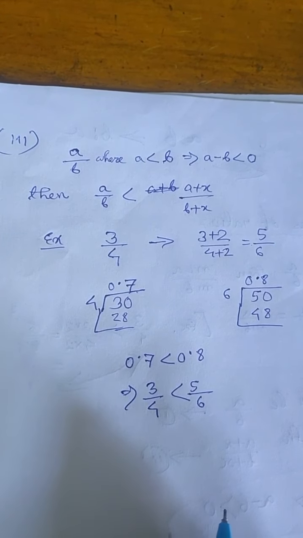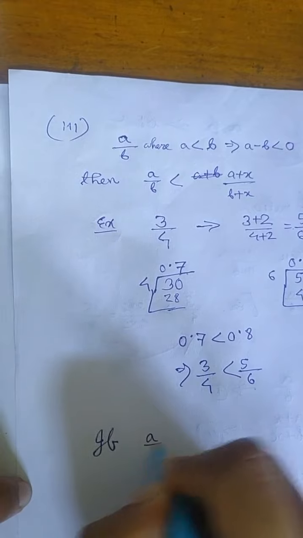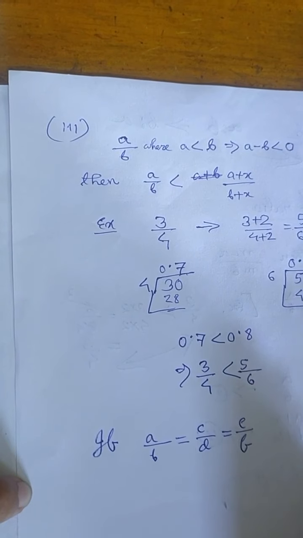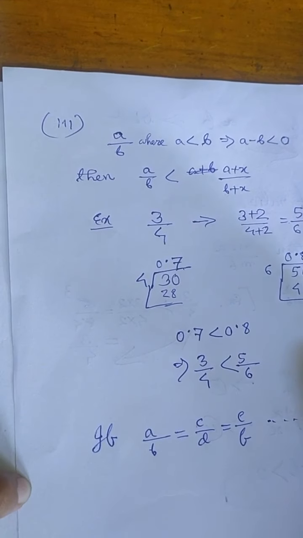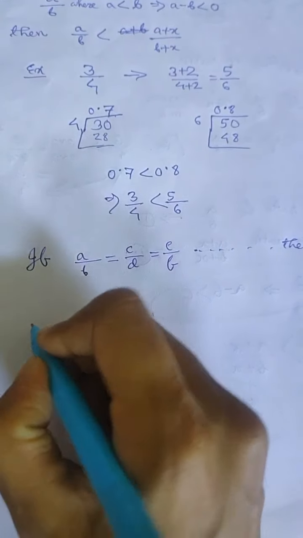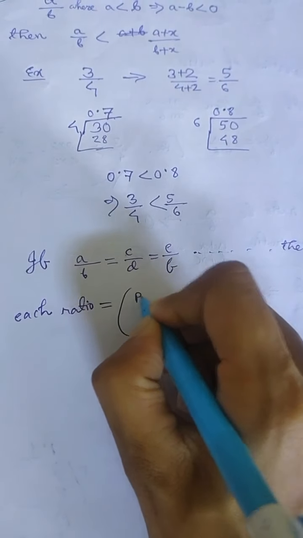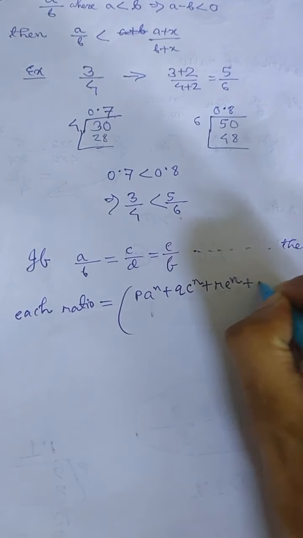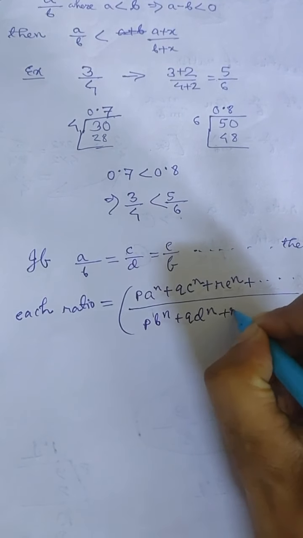Then the last property says, if a by b equals c by d equals e by f, then each ratio equals p a to the power n plus q c to the power n plus r e to the power n, divided by p b to the power n plus q d to the power n plus r f to the power n.